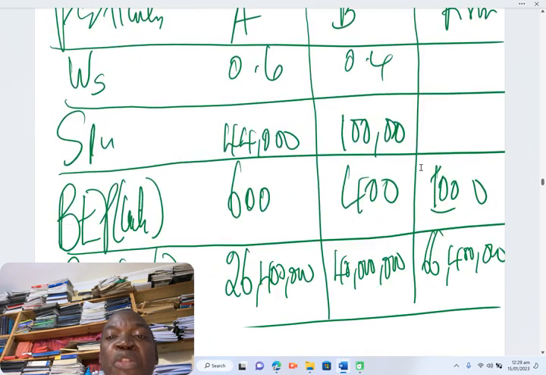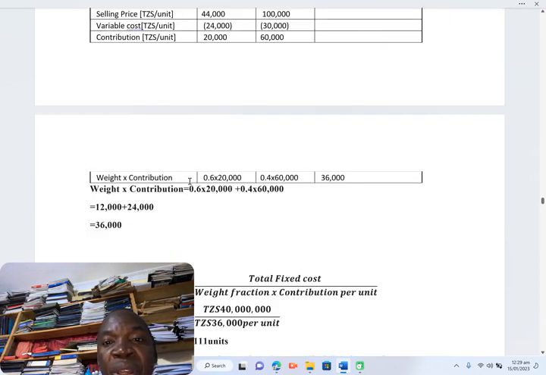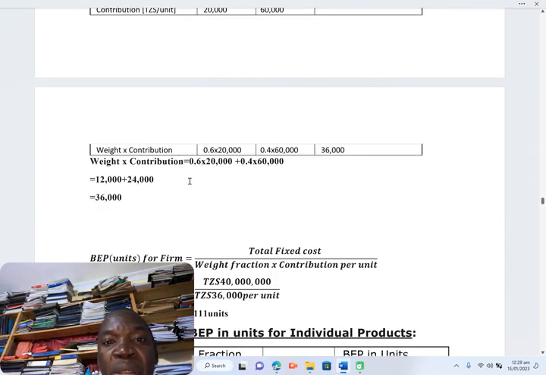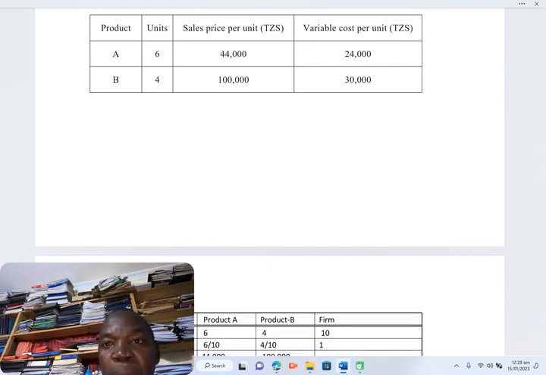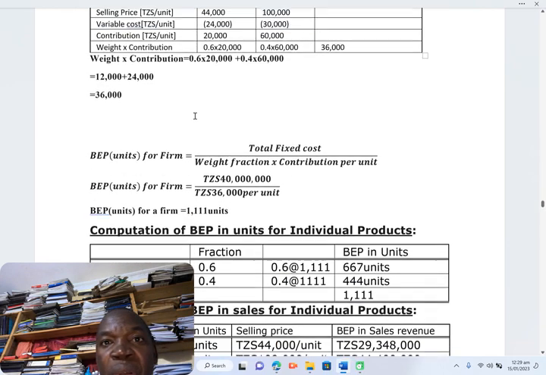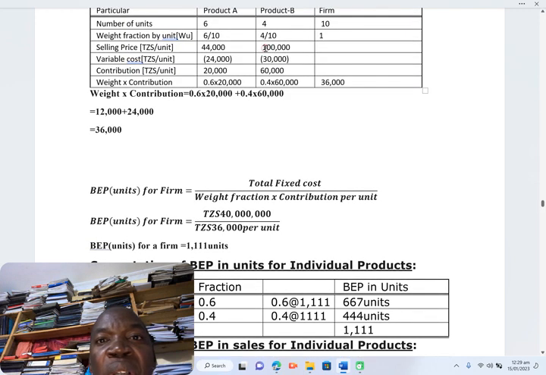So there are some few corrections in this paper somewhere here. The contribution for this one was 70 instead of 60. So this is 70 and this is 40.